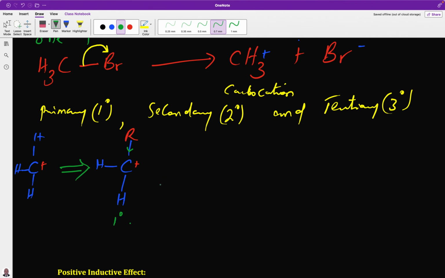Now, if a second hydrogen atom is substituted by an alkyl group, we call it a secondary carbocation. This is how it goes. We denote it by a prime to show that it is a different group. This is an alkyl group, but it may not be the same alkyl group as this one.